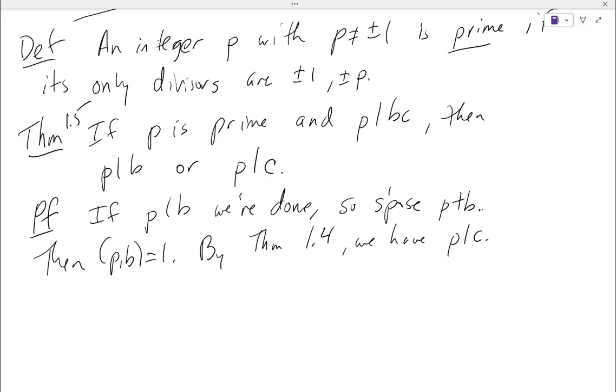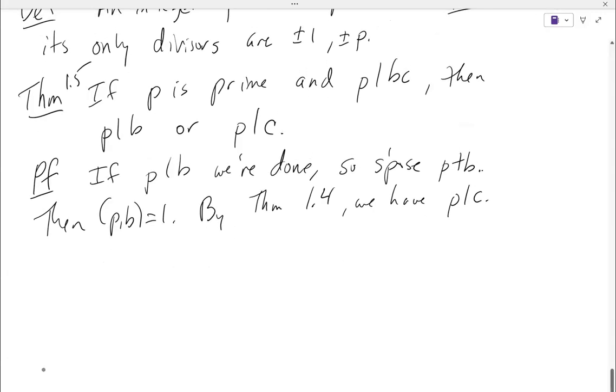Okay, so let's do a corollary to this, which is 1.6. I want to do this because I want to give an illustration of inductive proof again, but this one I don't really have to do induction necessarily, but it's a nice little idea for induction.